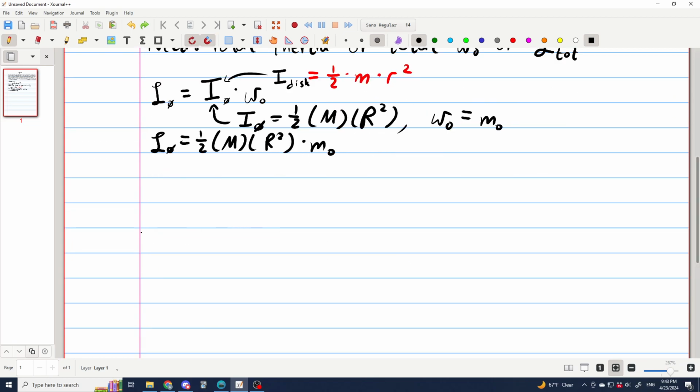All right. Now, for our final, we need our final momentum. We need the inertia of the final system times the angular speed of the final system. And I know that this is going to be equal to our initial momentum because we have conservation of momentum.